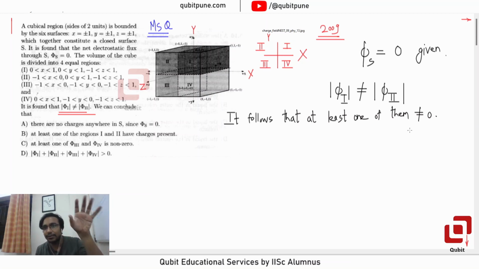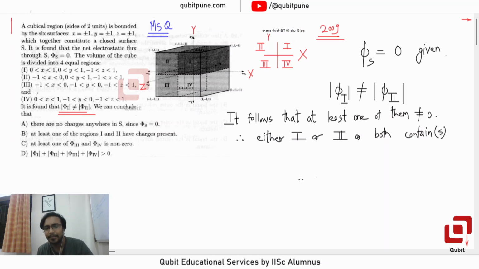It follows that at least one of them is not equal to 0. That means either region 1 or 2 or both contains non-zero net charge. Either 1 or 2 or both the regions contain non-zero net charge or charges.